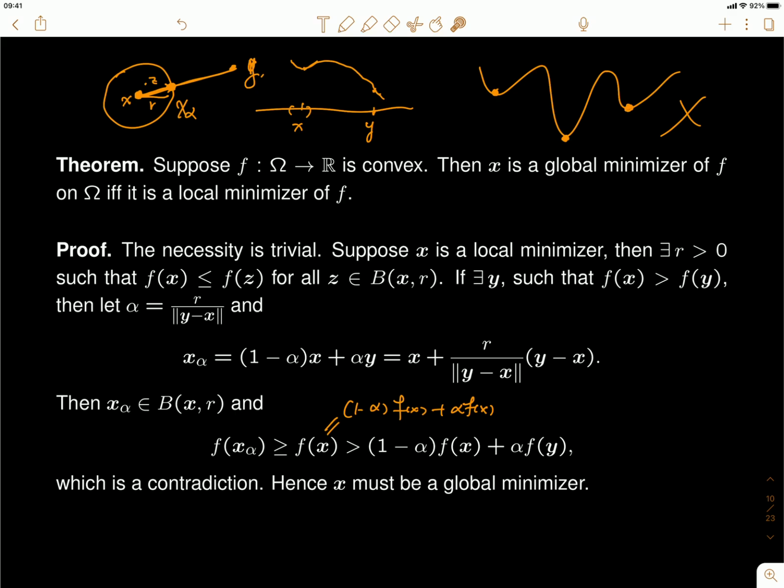And this is a contradiction to the fact that f is convex, since we know that if you choose x alpha to be such a combination, then the function value is supposed to be smaller than or equal to the same convex combination, but on the function values. So, right, that is a contradiction. And this means that the point x, if it's a local minimizer, it has to be a global minimizer as well.